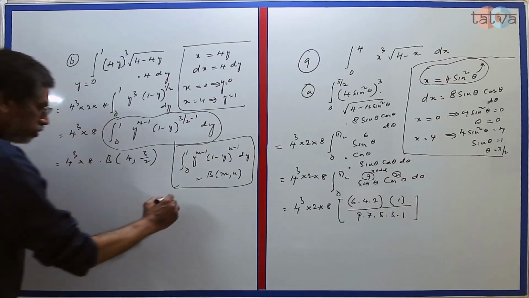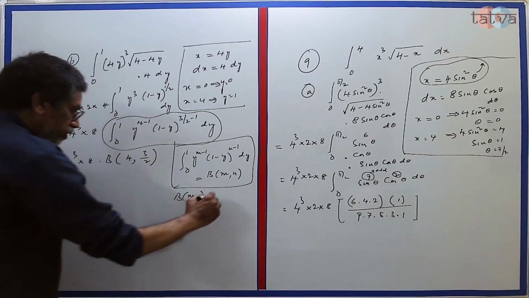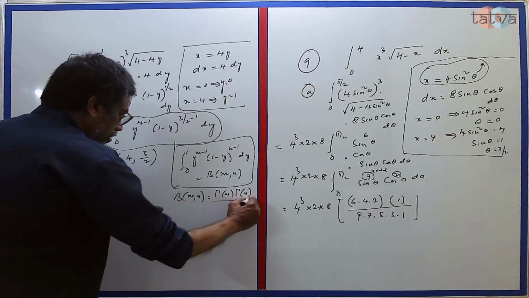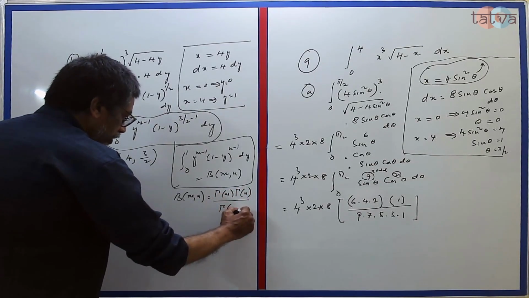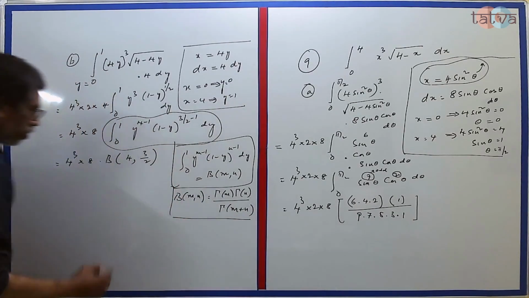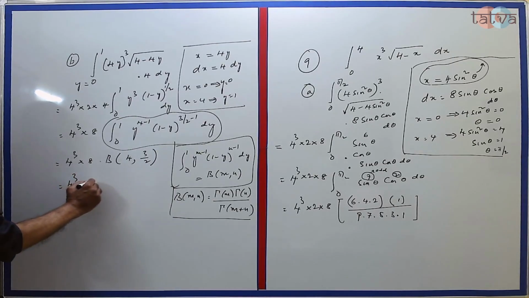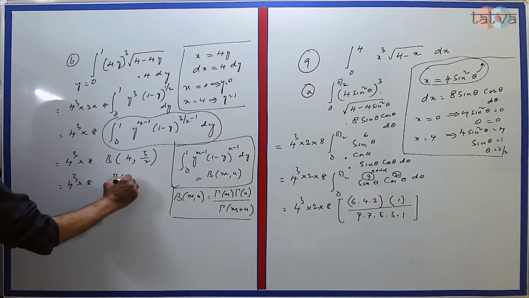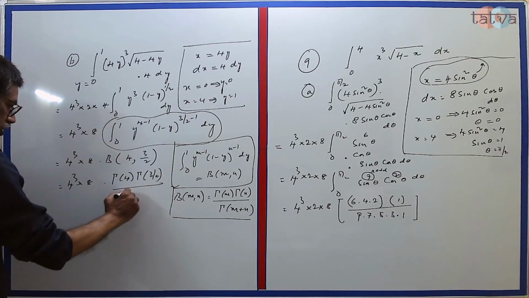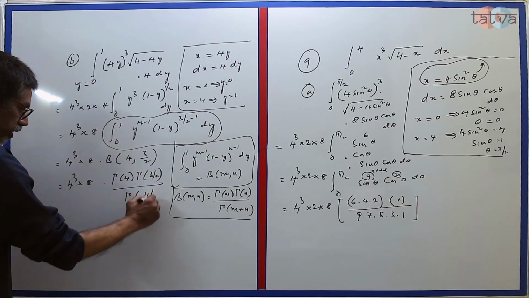And you all know a beta function is converted into a gamma function using this rule. So accordingly, I am going to write this as 4 cubed times 8 into gamma 4 into gamma 3 by 2 divided by gamma of the sum of these two numbers, which will give me gamma 11 by 2.